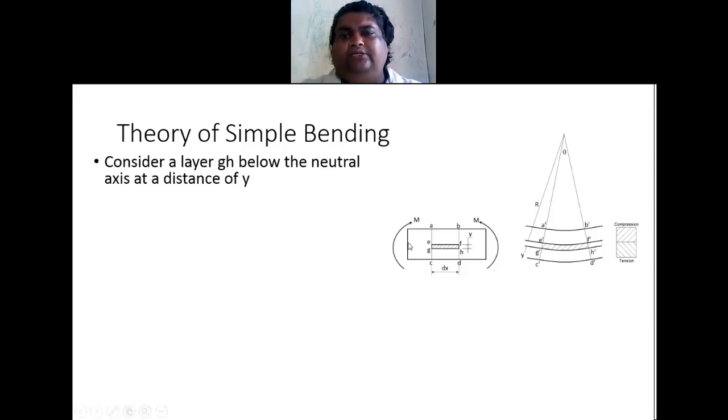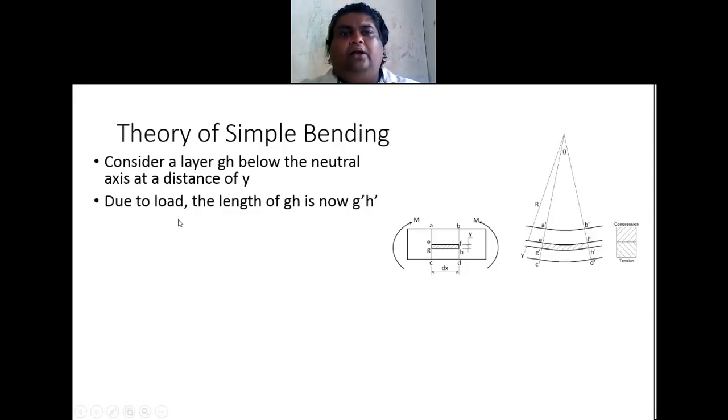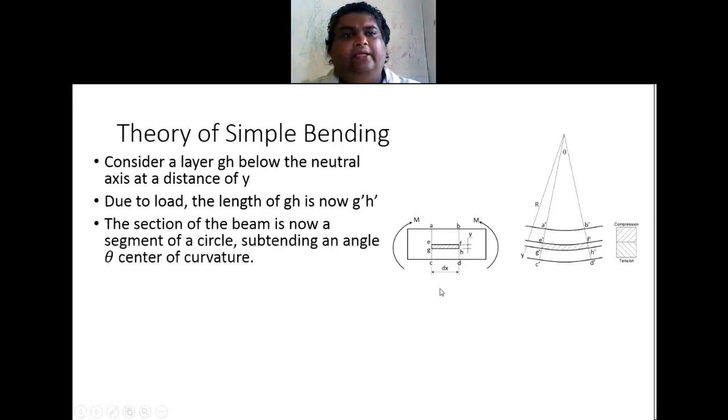So I'm considering a small element of thickness y just below the neutral axis. Now, due to load, the length of GH is now G dash H dash, right? Which is increased slightly.